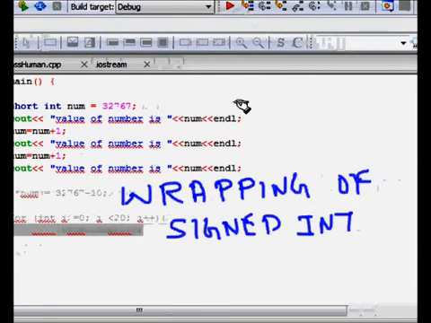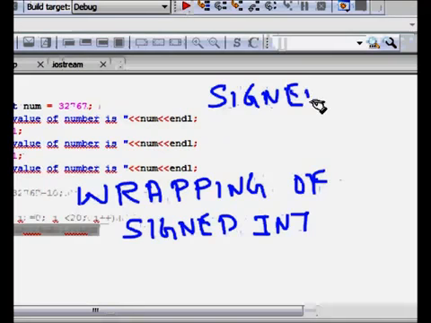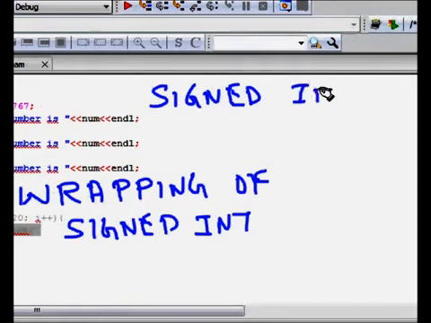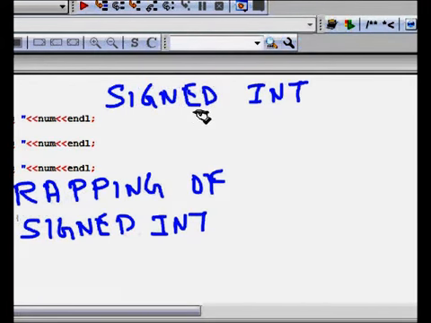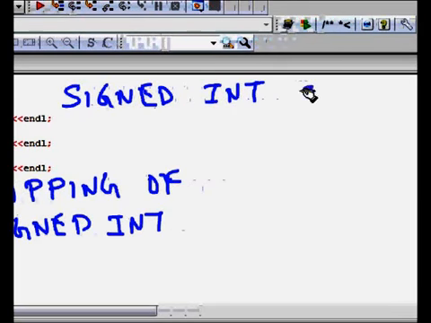First, a small recap of what a signed number is. Signed int is basically, let's say, signed short.